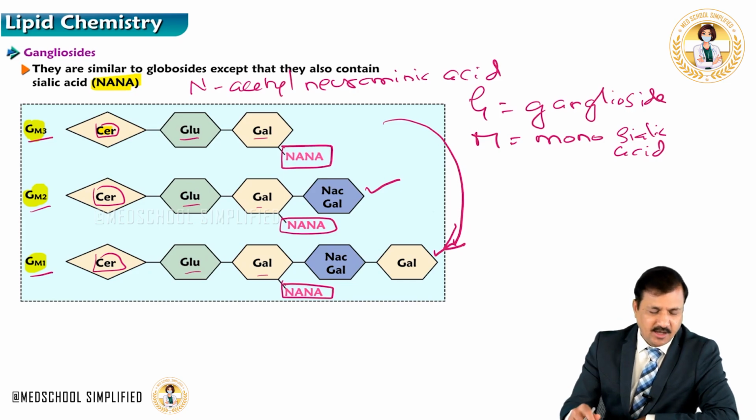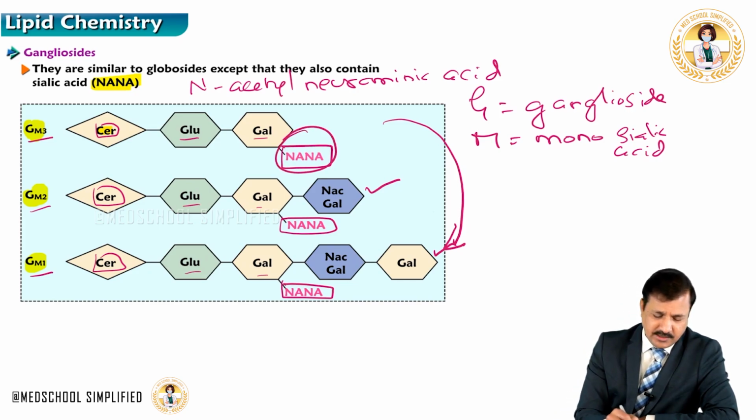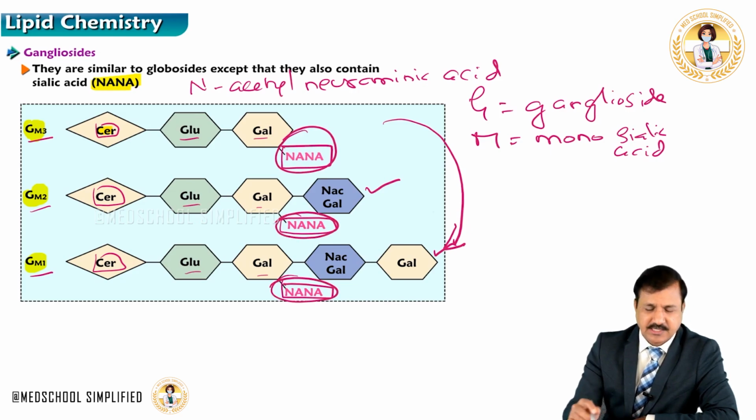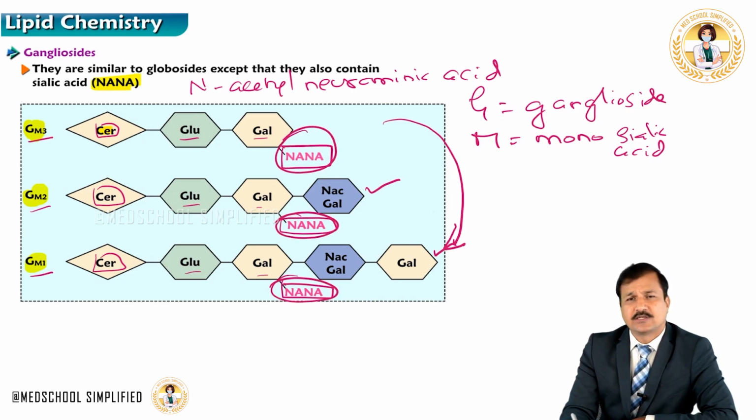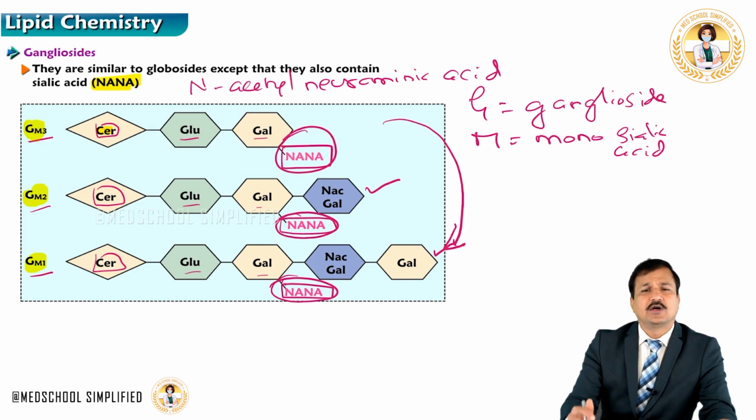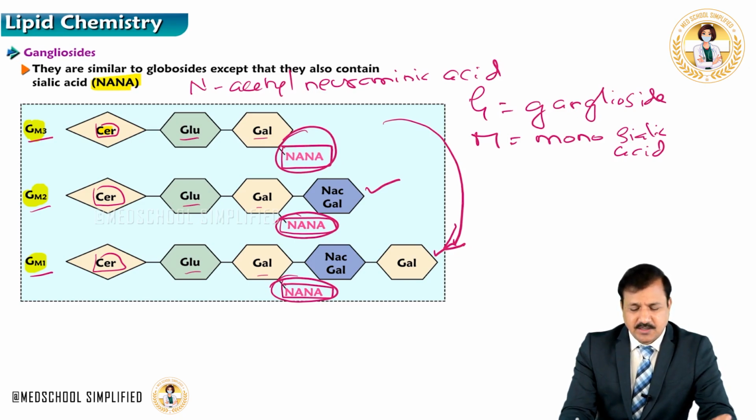As you see here, in all of GM1, 2, 3, only one N-acetylneuraminic acid is added. Only one sialic acid is present. That is what mono is. So G for ganglioside, M for mono, that is one sialic acid.